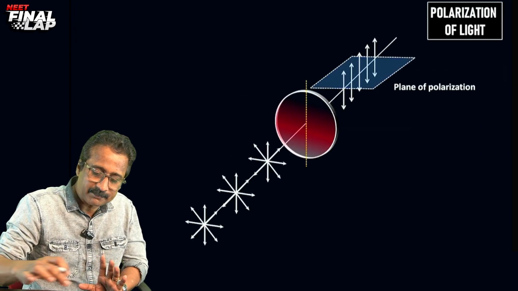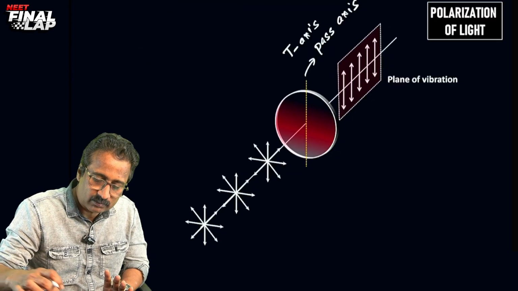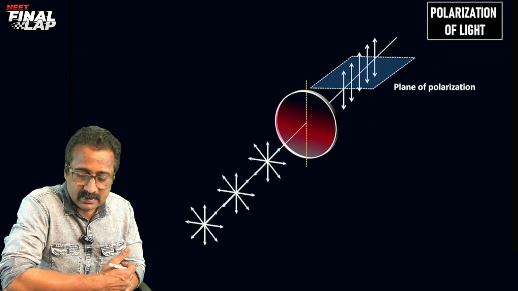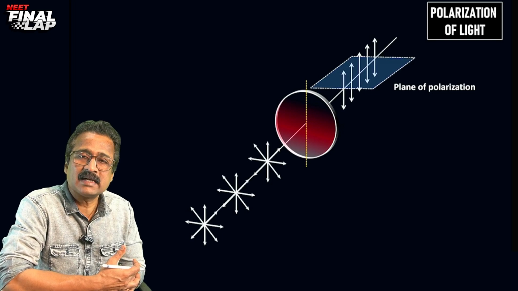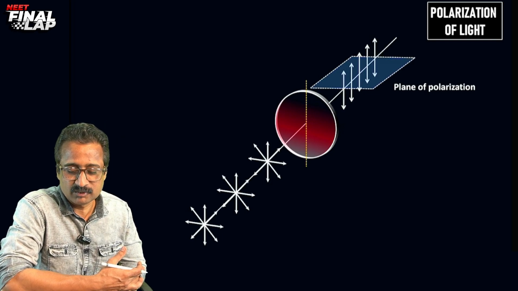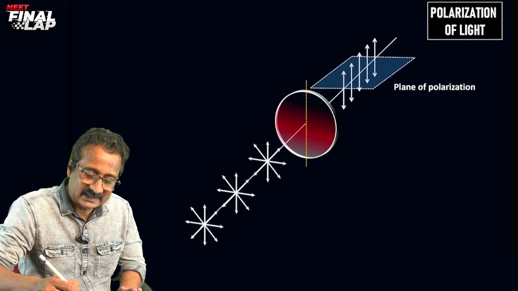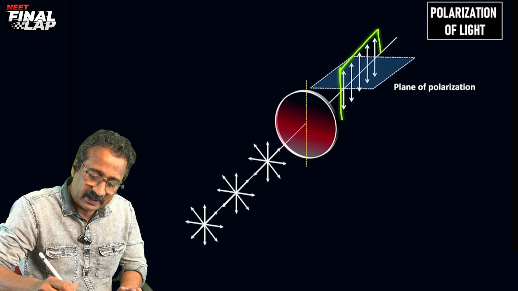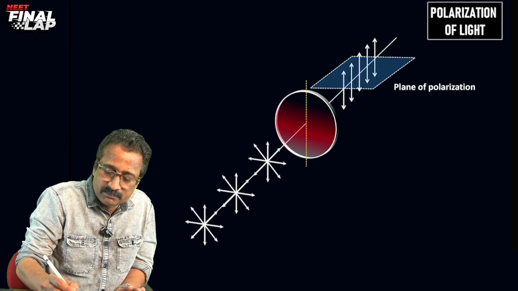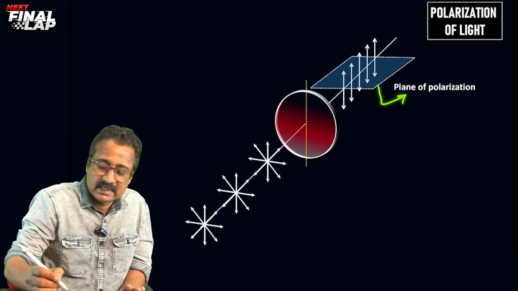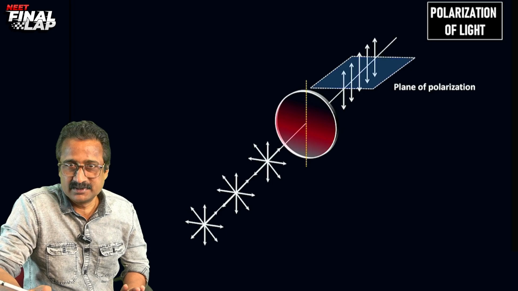Now, I have to show one more plane here. As a basic term, it is called plane of polarization. Plane of polarization is an imaginary plane that is perpendicular to plane of vibration. Earlier I told you that this plane is the plane of vibration. Now just imagine some plane that is absolutely perpendicular to the plane of oscillation, and that is called plane of polarization.